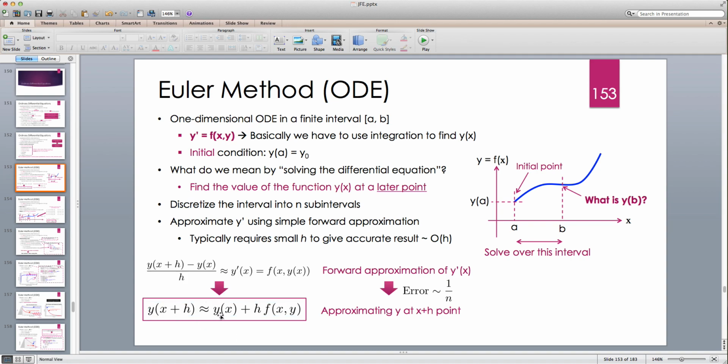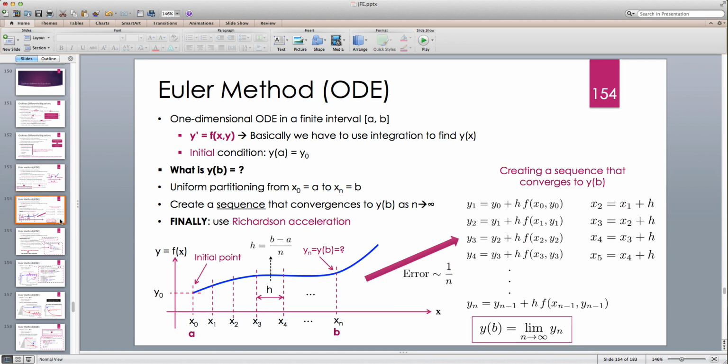If I know the value of y at some point x, I can estimate it at some very small interval after that, y of x plus h, which is y of x plus h times y prime, which is f of x and y. And we said that the error is not good, 1 over n. This type of discretization leads to a sequence, y of n, that is supposed to converge to the exact value of y at that later point b. So xn here is b.